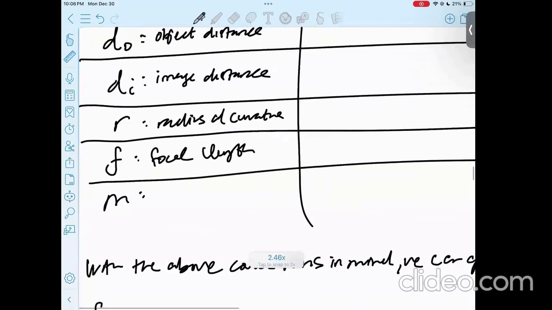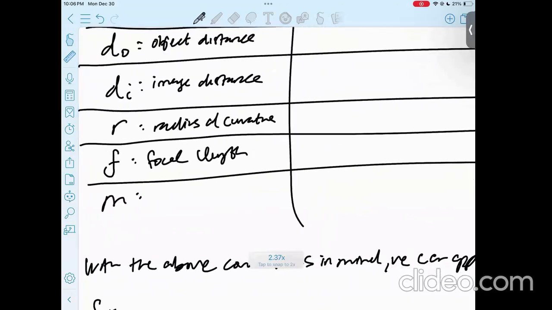This is the magnification. So remember, the focal length is the point at which the image would form if the light rays came in from infinity, which they don't in practice because we don't have infinite distances. But what that means geometrically is that if the light rays come into the lens parallel, the focal length is the distance away from the lens at which the light rays would form the image.